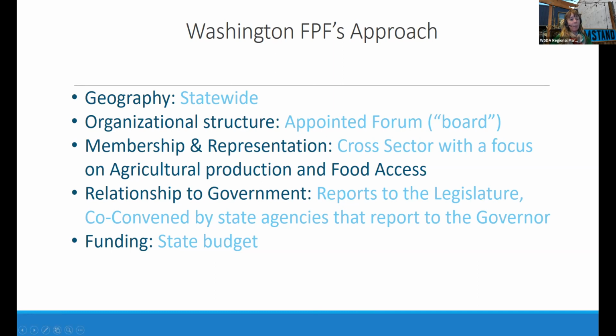It's funded with the state budget. So all of the members are volunteers. Members may represent small farm resource organizations. They may represent local county government, county agriculture programs, food banks, various state agencies, and including representatives. We have state senators and representatives who serve on an ex officio basis.